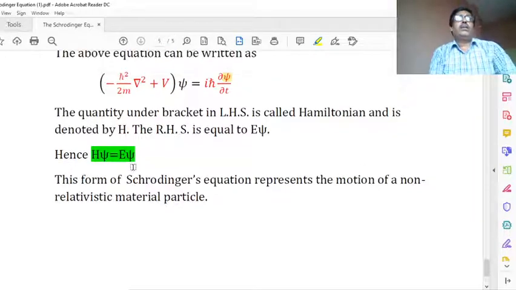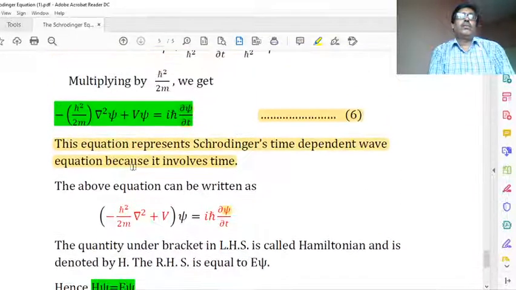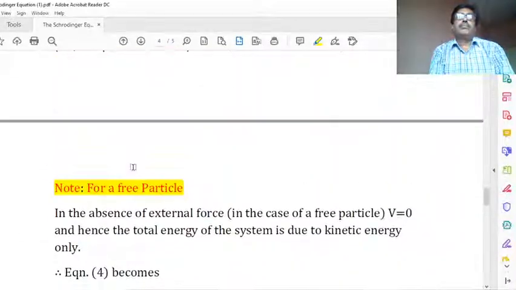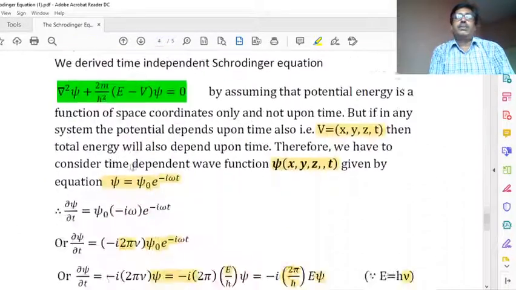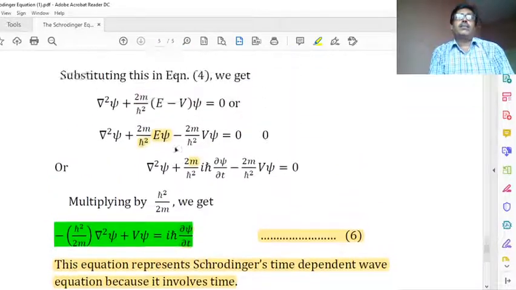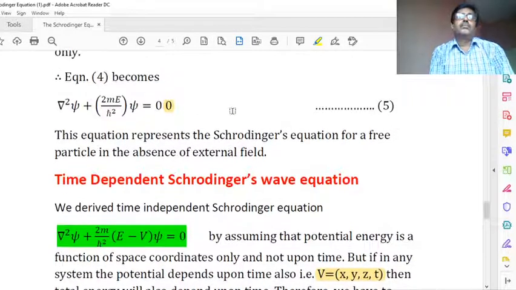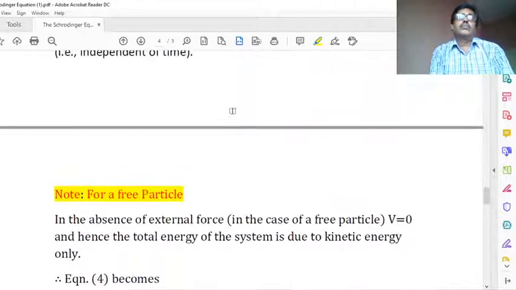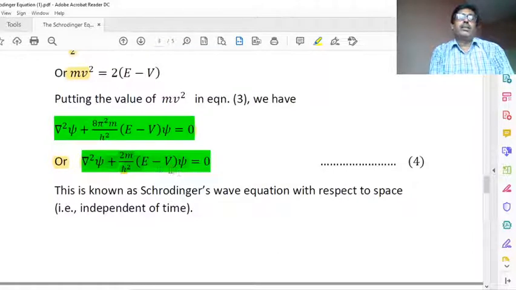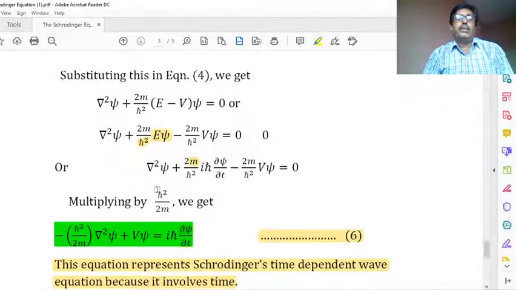So we learned today three Schrodinger equations. What is the difference? First, equation 4 is the Schrodinger wave equation which is time independent, and equation 6 is time dependent.